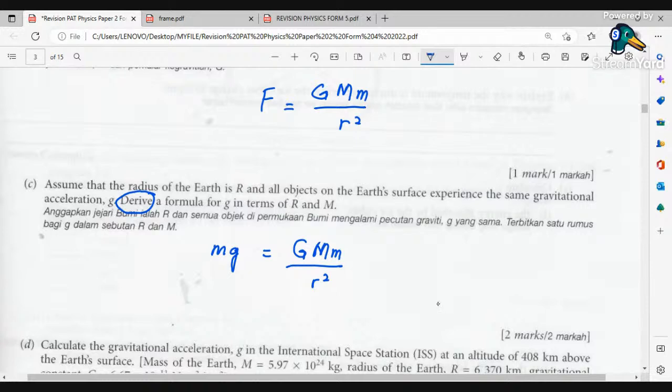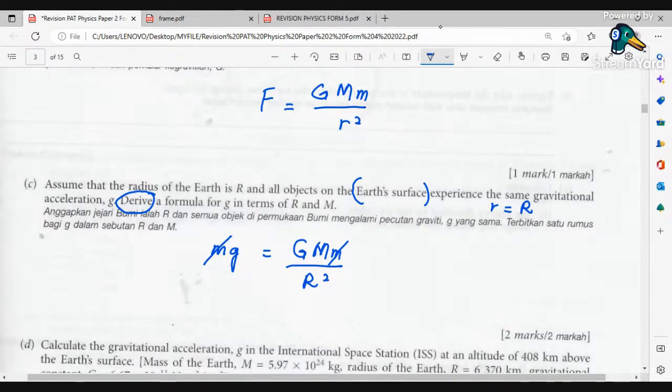Because it mentions Earth's surface, experiencing the same gravitational acceleration, meaning r equals capital R. So we can replace r here with capital R. Okay, so the small m can be cancelled.